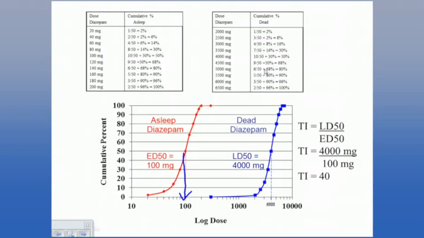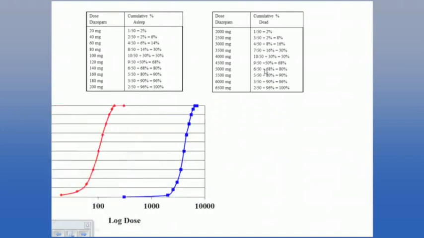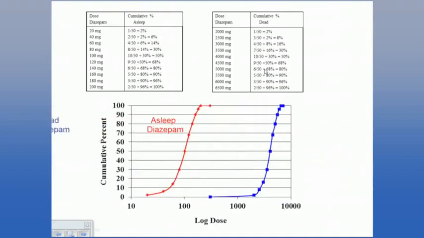It's 40, because the milligrams obviously cancel each other out. Now, a therapeutic index of 40 is considered to be very wide, and for this reason we consider diazepam to be a relatively safe drug for that very reason.